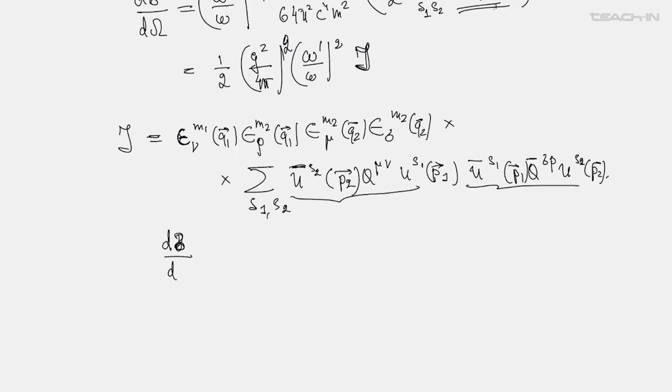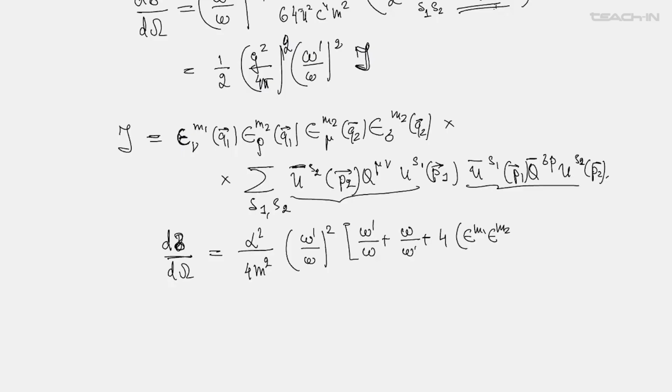I will tell you what alpha is. So alpha is the fine structure constant, omega prime over omega squared, and then omega prime over omega plus omega divided by omega prime plus 4 epsilon m1 epsilon m2, the product of polarizations of incoming and outgoing photons, minus 2.